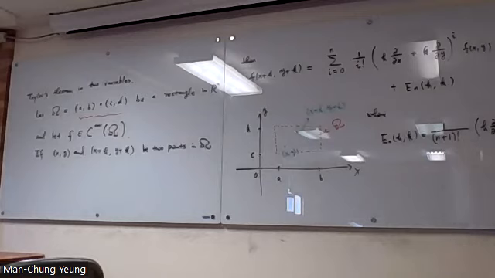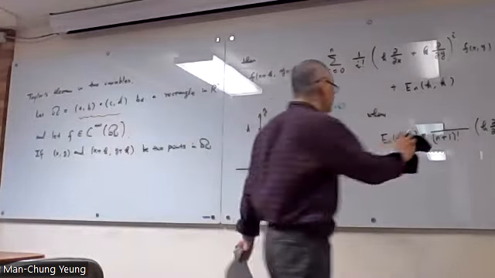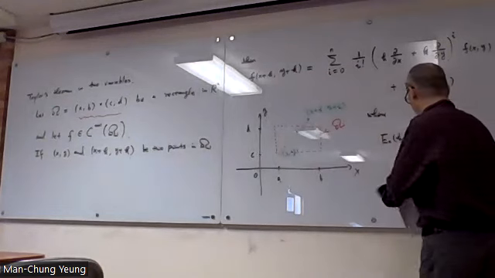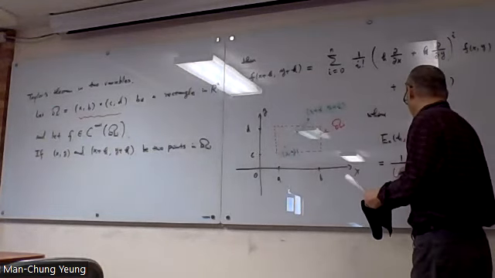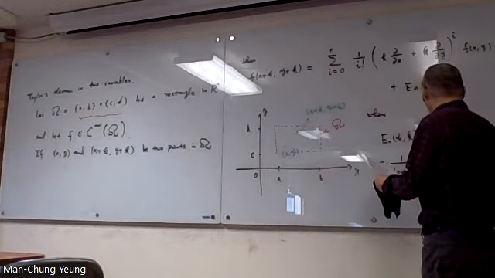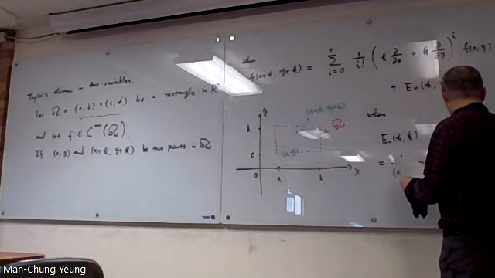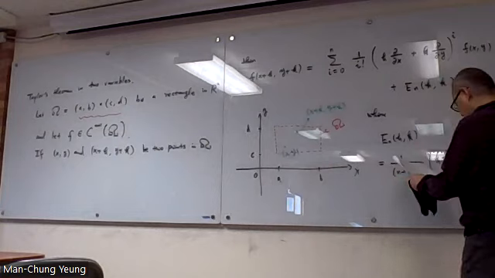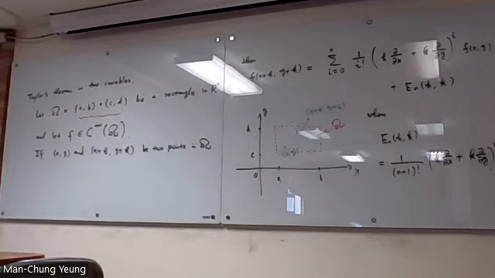I don't have enough space. Okay, let me do it. The error is 1 over n plus 1 factorial times (h partial x plus k partial y) to the power n plus 1, applied to f.